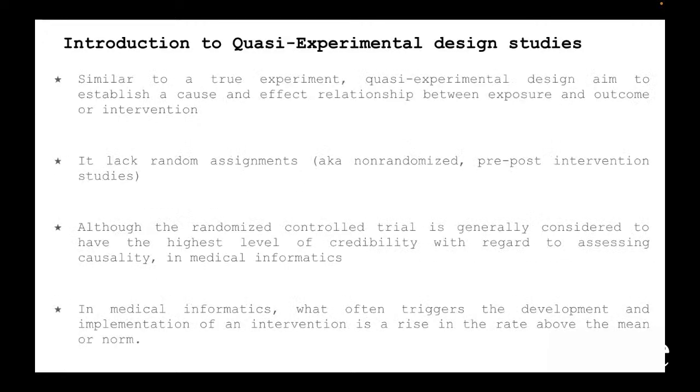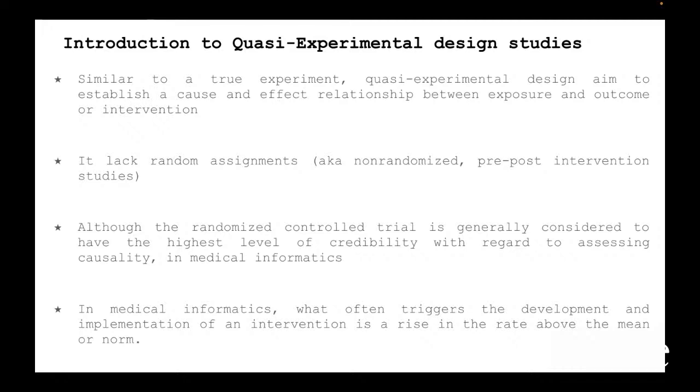Starting with the introduction: similar to experimental trials, the clinical trial, the quasi-experimental design also aims to establish a cause and effect relationship between the exposure and the outcome for an intervention. But it lacks random assignment, so people used to call it the non-randomized trial, the pre-post intervention study, and other names.